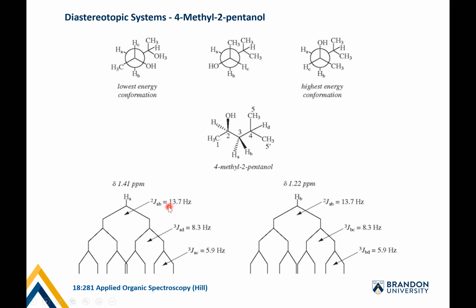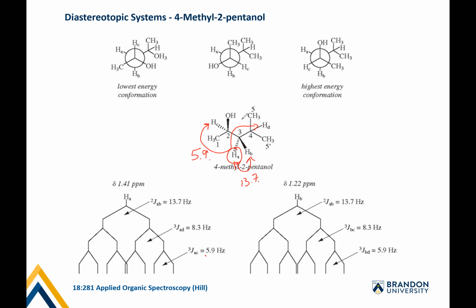So we've got a large coupling value here, which is going to be the 13.7. If you're HA, you've got this large coupling constant. Then there's another coupling constant here and another coupling constant here. One of them is 8.3, one of them is 5.7. And so I guess the 5.7 is to here, 5.9, sorry.